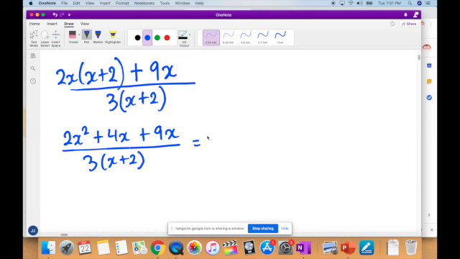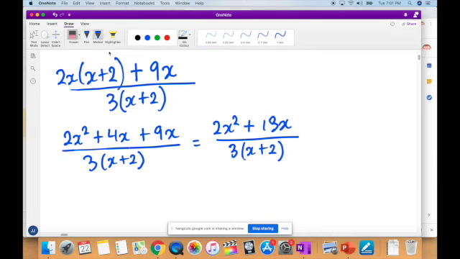Now I can see 2x squared plus 4 plus 9 is 13, so that's going to be plus 13x, divided by 3 into x plus 2, and that is as simple as I can get it.